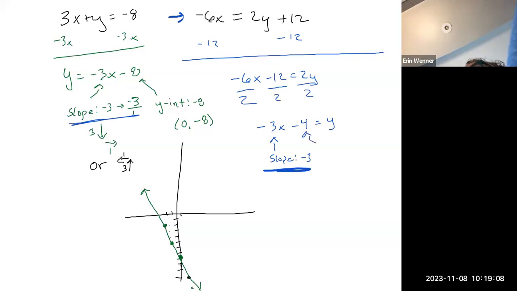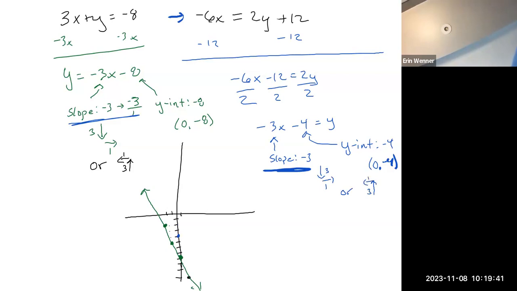And then this piece is going to give me a y-intercept of negative 4, which we write as (0, negative 4). So going to my graph, I'm going to go down to (0, negative 4), and then using my slope of negative 3, which remember is down 3, right 1, or we can go up 3, left 1.